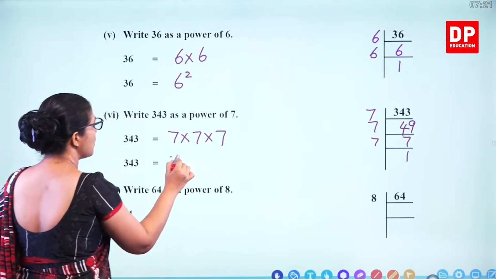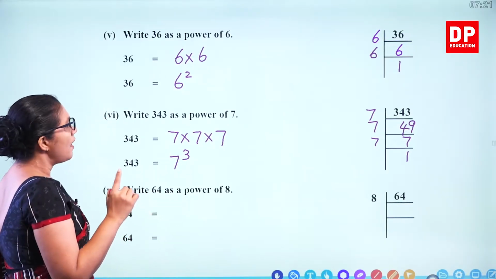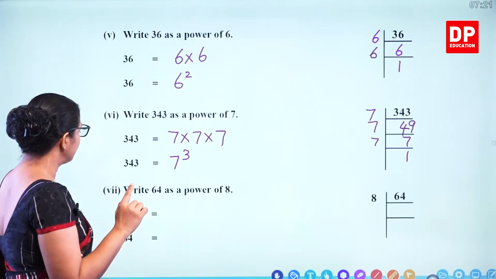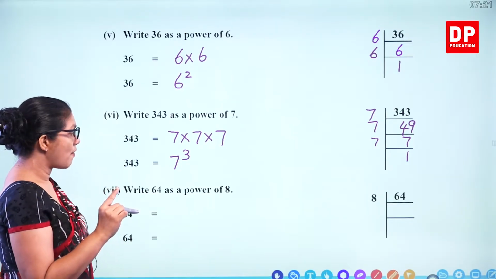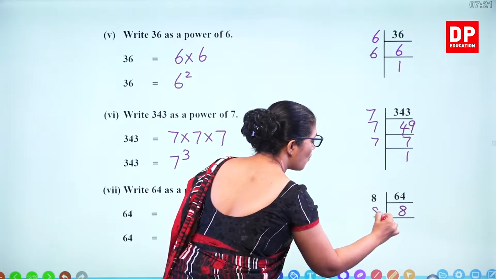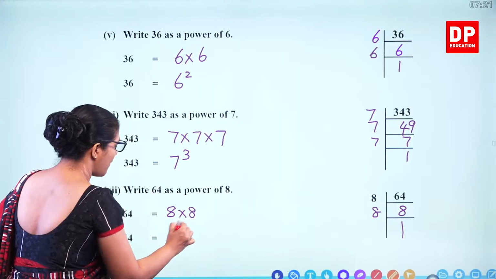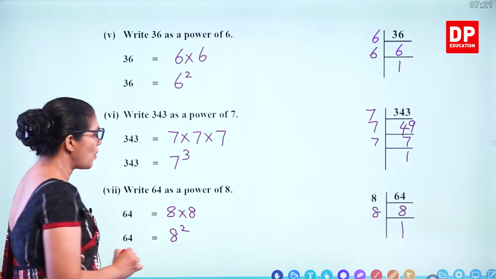That means 7 to the power of 3. And write 64 as a power of 8. Divide by 8. 8 times 8, 64. 8 times 1. 8 into 8, or you can write 8 squared.